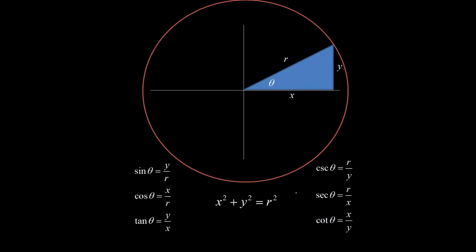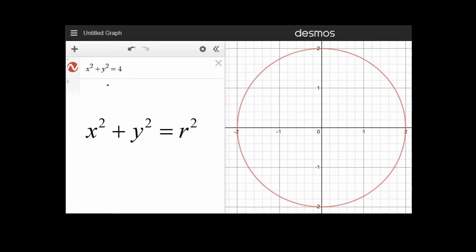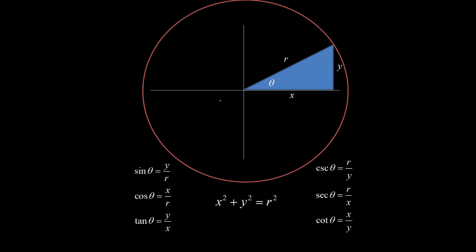So if we literally take this and put it into Desmos, you do need to give some value for r here. So I chose a value of 2. And you can see Desmos will graph out a circle of radius 2. And that's why it's commonly called R there, because of its close relationship to a circle.